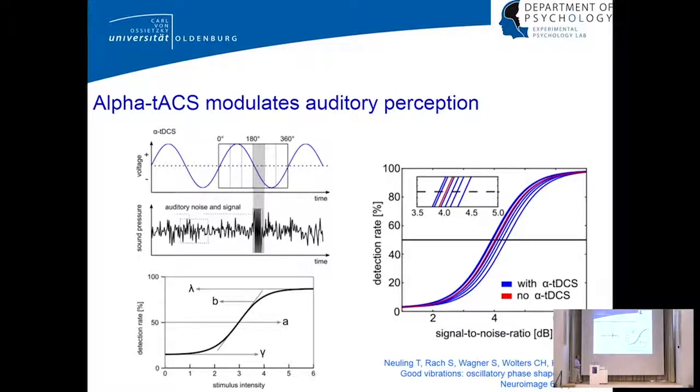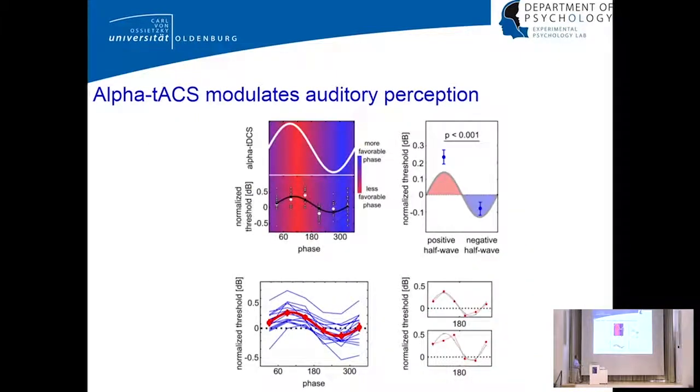And if we look at all of the subjects, here you see the alpha wave again. And here we sorted the subjects because every subject had the best performance at a different phase. We sorted them, but then you see all the single subjects and the mean performance and a sine wave that we fitted there.